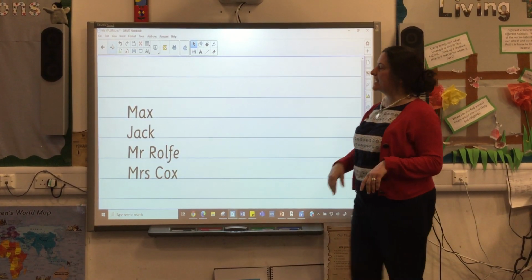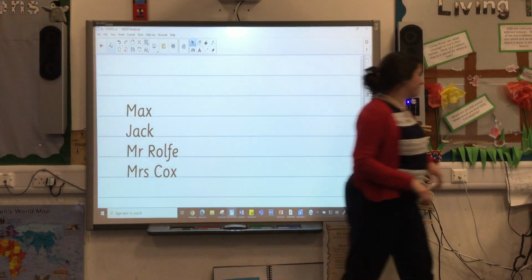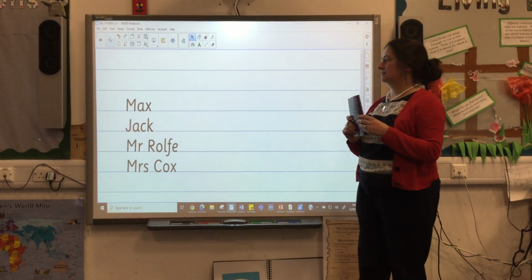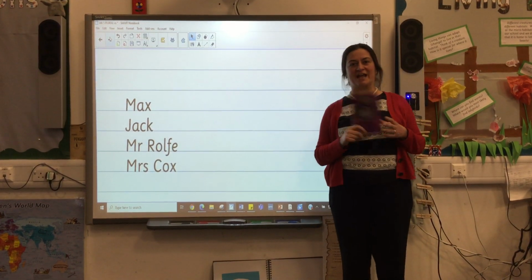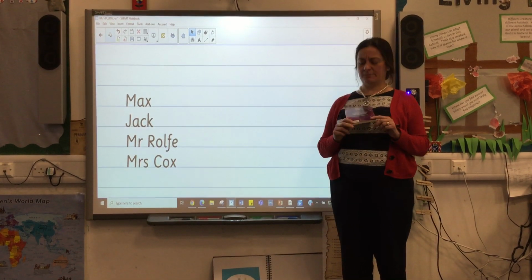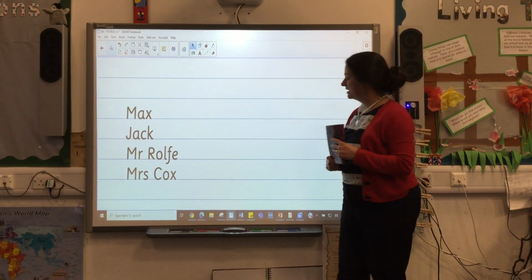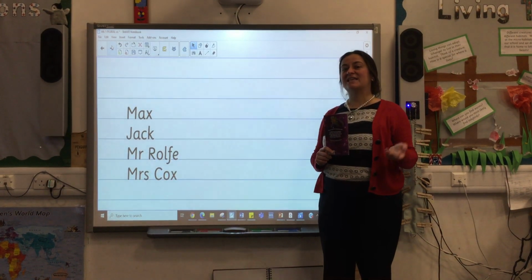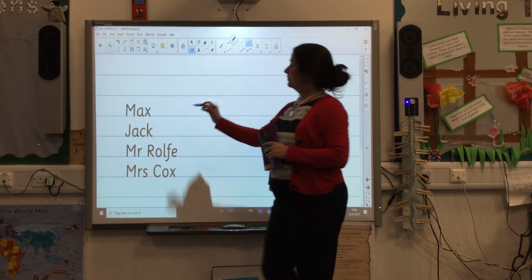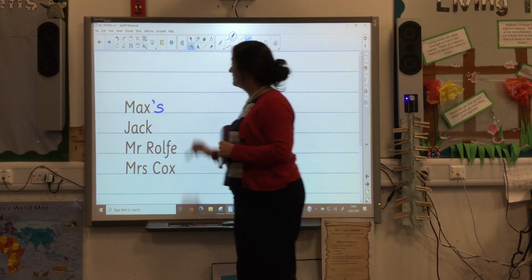So we might say, here is the book belonging to Max. Here is the book belonging to Jack. Here is the book belonging to Mr. Rolfe. Here is the book belonging to Mrs. Cox. Do you know who it belongs to? Let's make it easier. Let's say Max's book. Are you ready? Put your possessive apostrophe in and add S. Max's book.